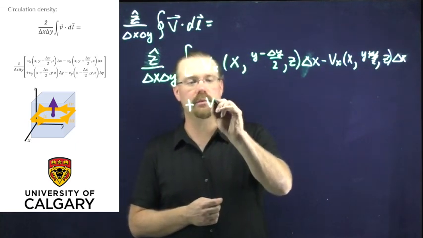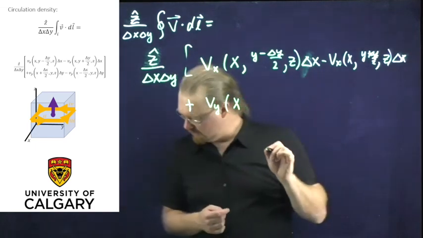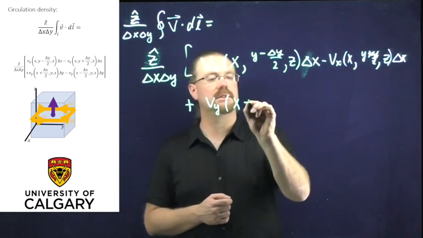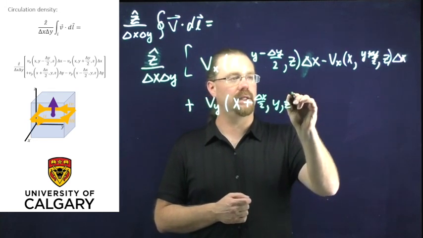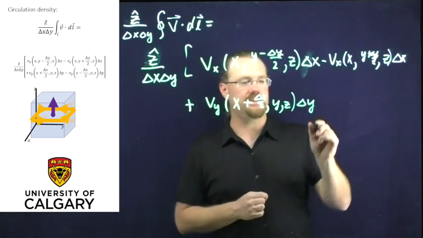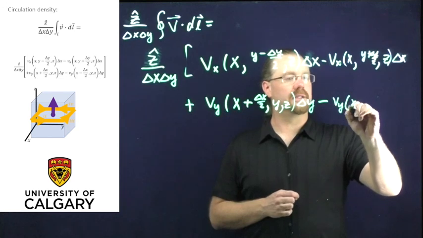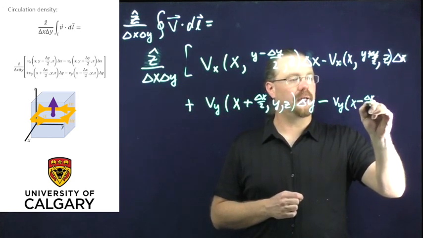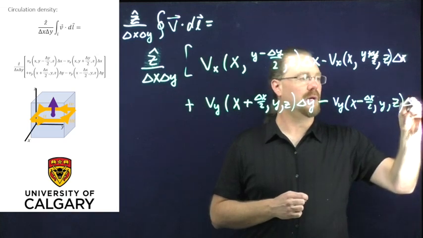So that would be the y component, Vy at x plus delta x over 2, y, z, delta y, minus Vy at x minus delta x over 2, y, z, delta y.